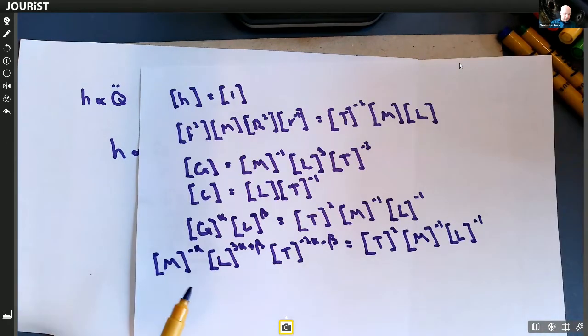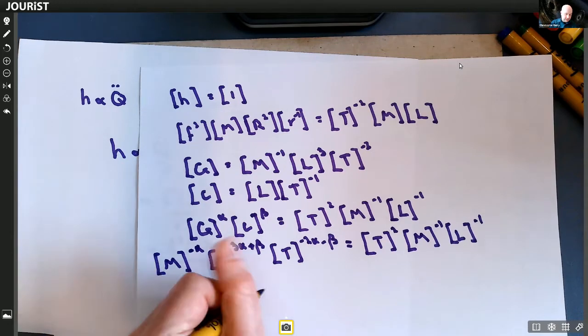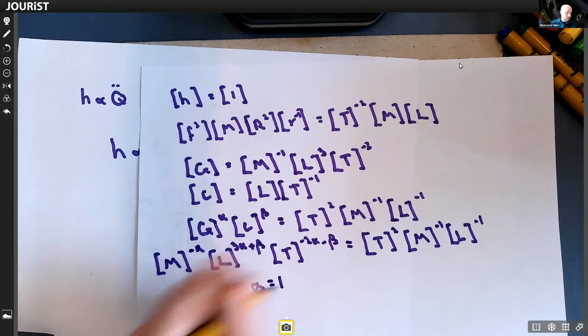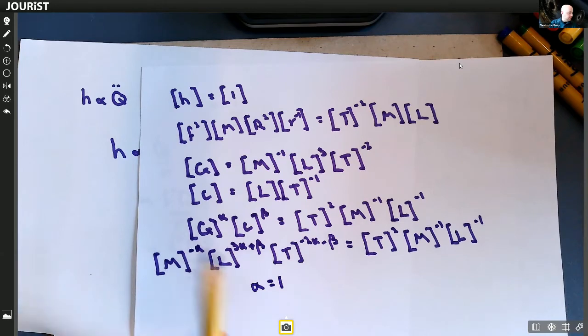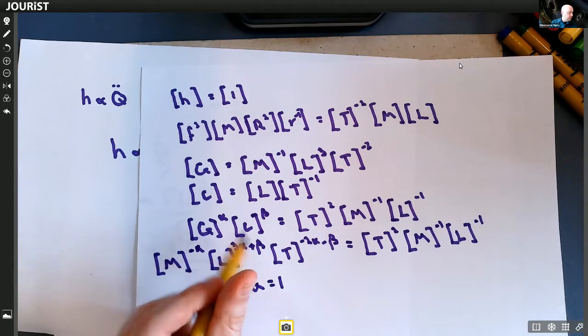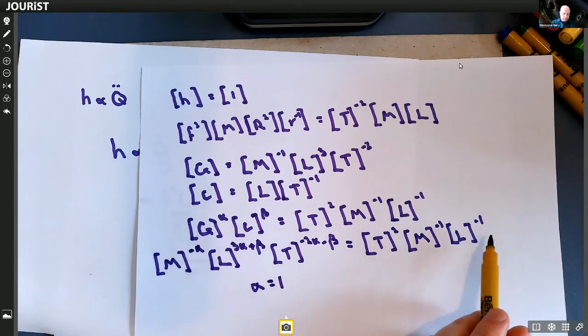Okay, and then we can take a look at these and read things off. So we have m to the minus 1 here and m to the minus alpha here, which implies that alpha equals 1. Okay, we have alpha equals 1, and then looking at L, we have 3 alpha plus beta equals minus 1.